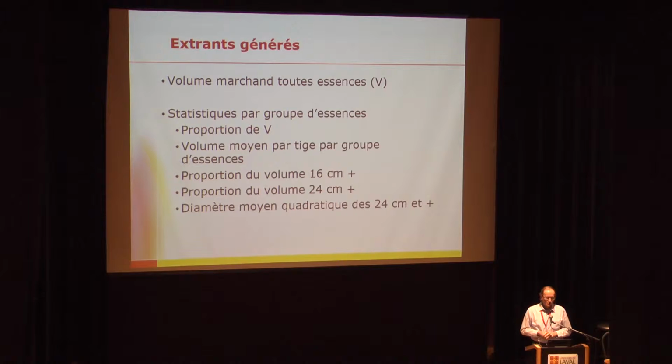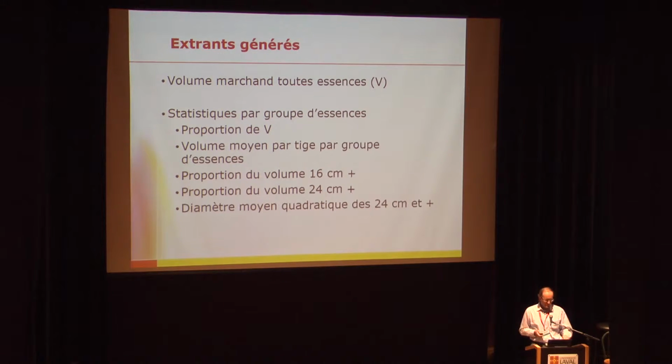So we would have the average volume per stem per group of species, the proportion of that volume for trees that have a DBH of 16 centimeters and more, 24 plus, the quadratic average diameter, all that with a purpose to really specify well all the dendrometric characteristics.